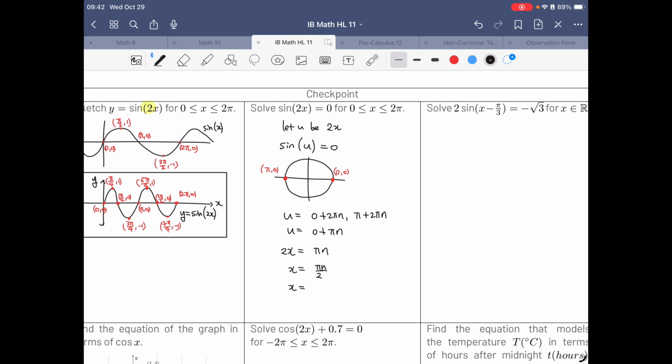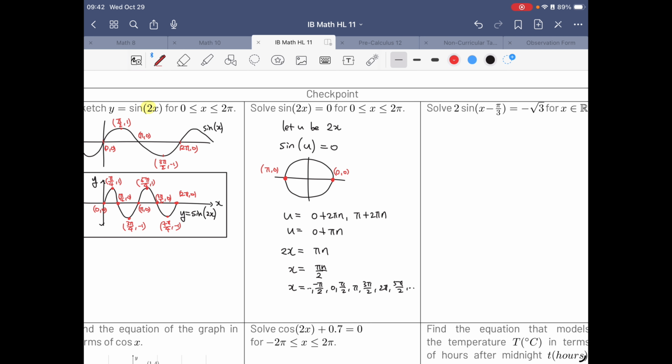I'm going to cut the ones before 0 and after 2 pi. So if I start with, let's say, negative 1, it's going to go from negative pi over 2, and 0, pi over 2, and pi, and 3 pi over 2, and 2 pi, and 5 pi over 2, and so on.